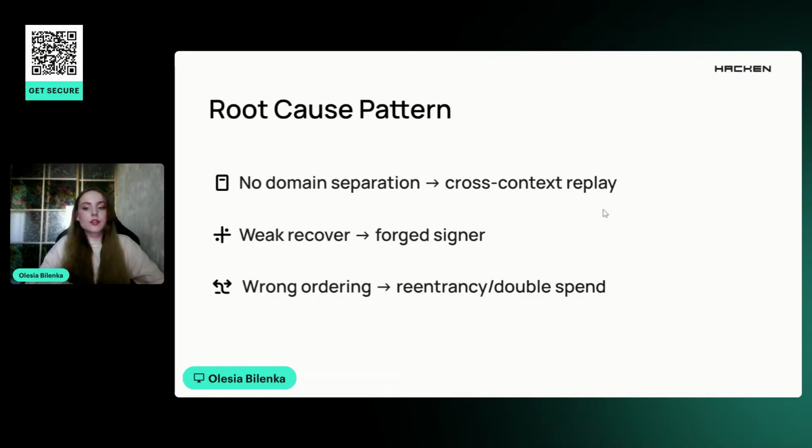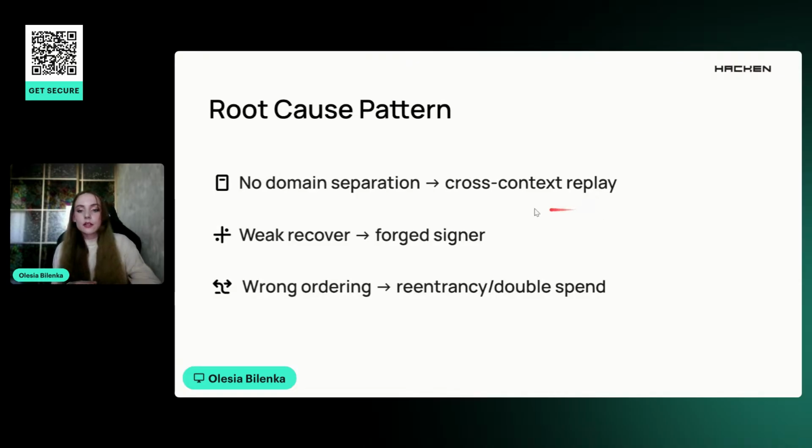The hash covered recipient and amount, but it didn't cover chain ID, contract address, and nonce. So one signature was valid everywhere and forever. The fix was to include the full domain: source chain, destination chain, both bridge addresses, and also the nonce.